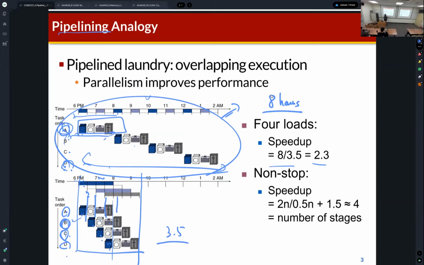When one step is completed, the task is sent to the next step, and then this hardware component can receive the next task, like another instruction, and be used for executing it. That is the idea of pipeline.